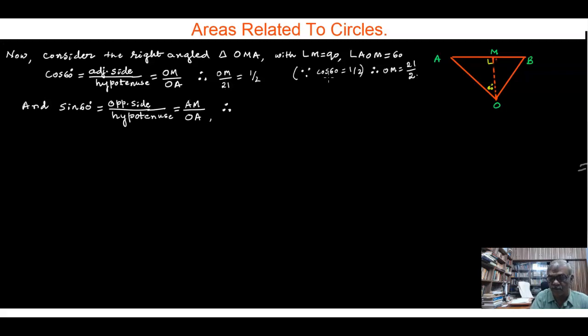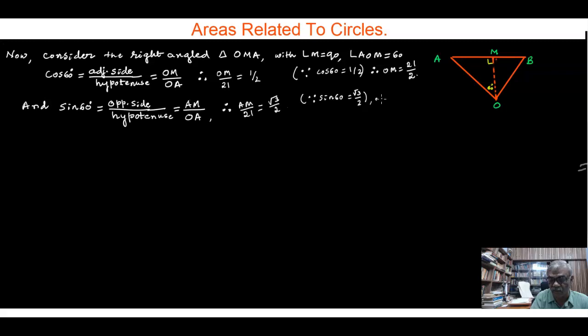OM equals 21 by 2, and also sin 60 equals opposite side by hypotenuse, therefore AM by OA, which is AM by 21, equals root 3 by 2, because sin 60 equals root 3 by 2.